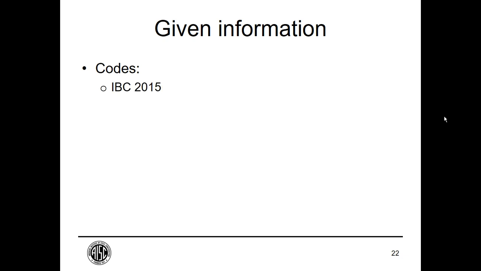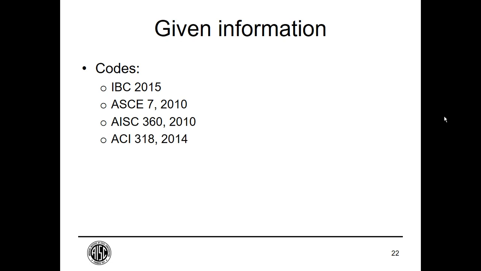Speaking of the code, this is designed to IBC 2015, which uses ASCE 7-2010 for loading, AISC 360 for steel design, ACI 318 for concrete, and AWS D1.1 for structural welding. Additionally, AISC 341 is required for the seismic design. As we'll see later, we're selecting systems that use AISC 341.